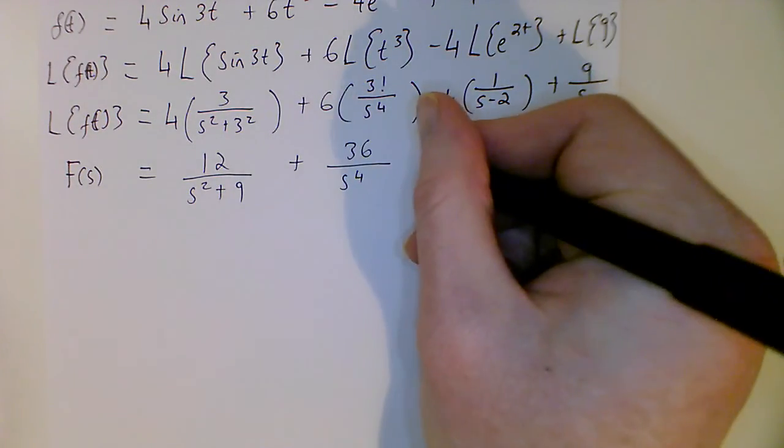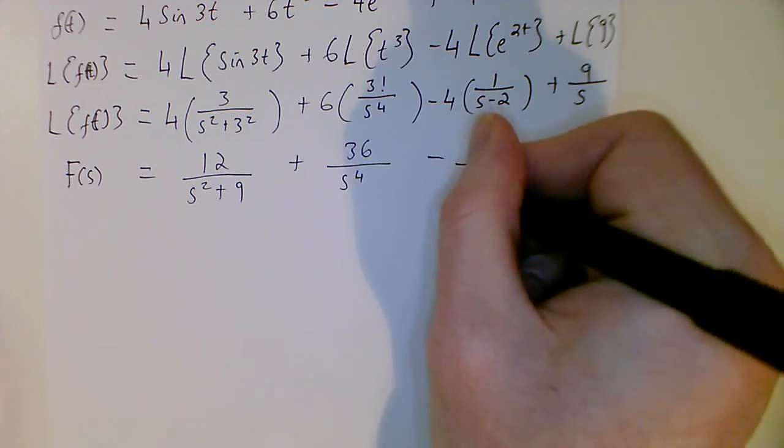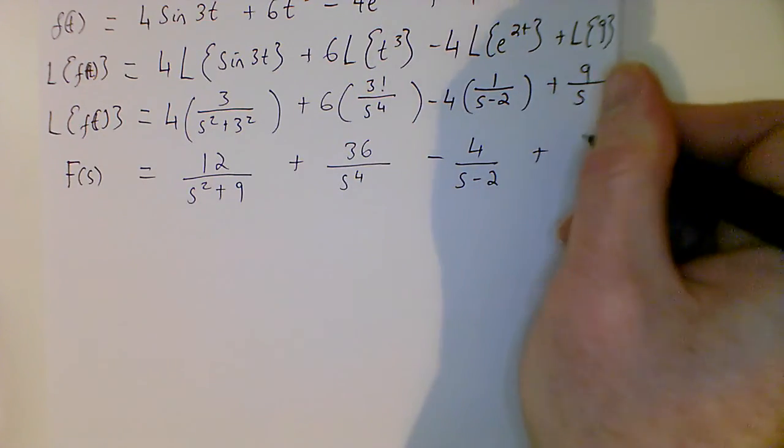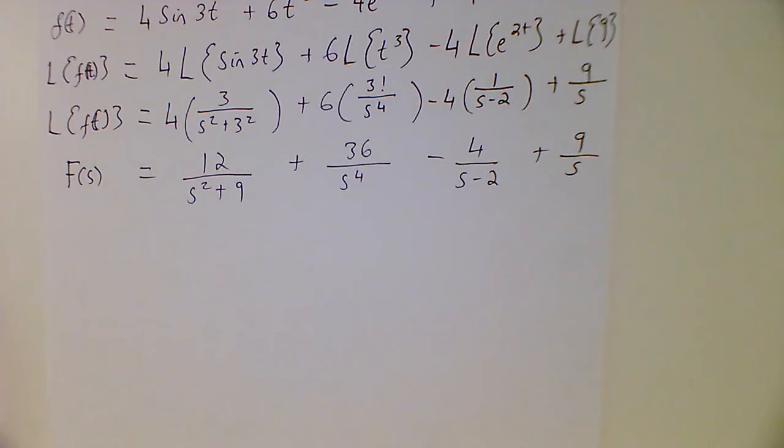That's just going to give you 4 over s take away 2, and 9 over s just stays the same. And that's the Laplace transform of that difficult looking function. Do as much as you possibly can. I don't think it's that tricky.